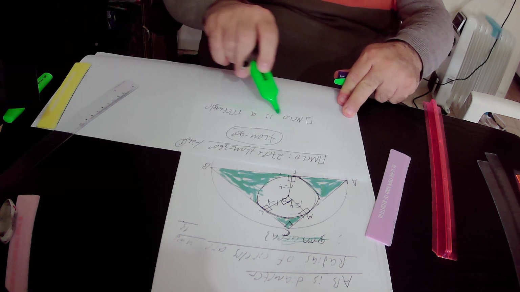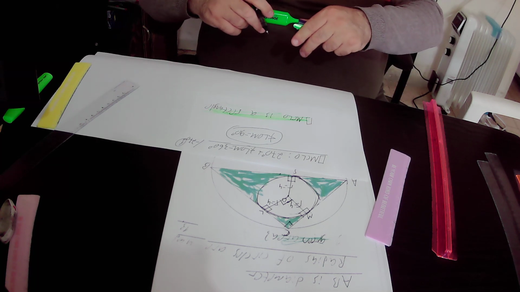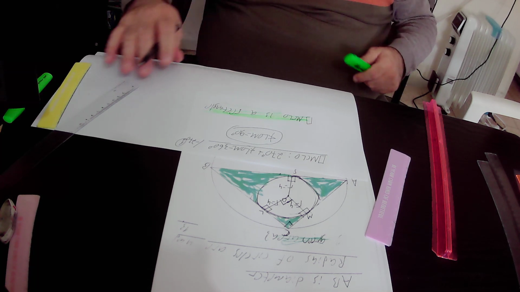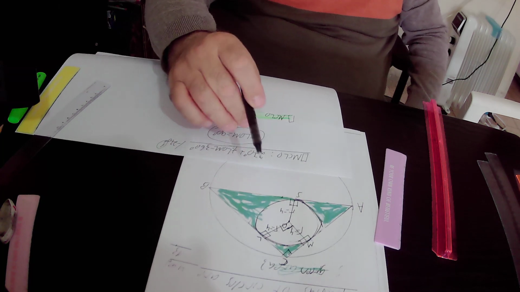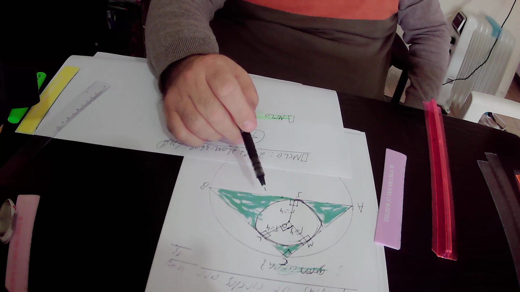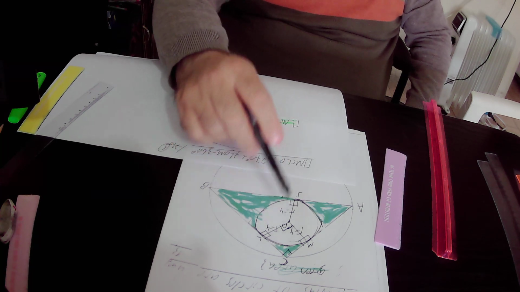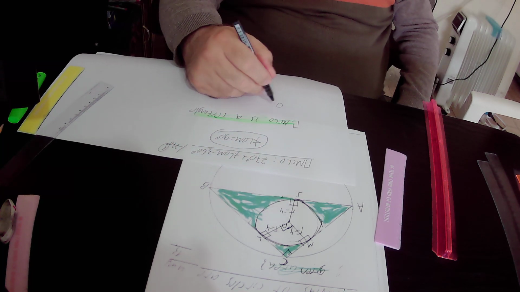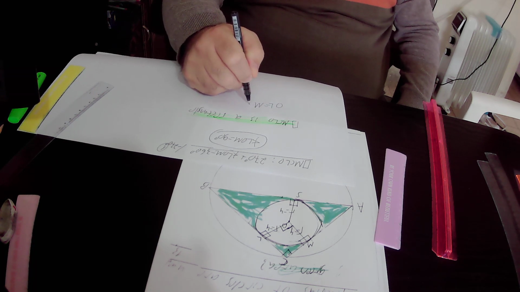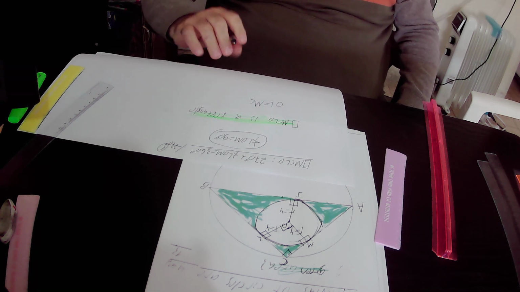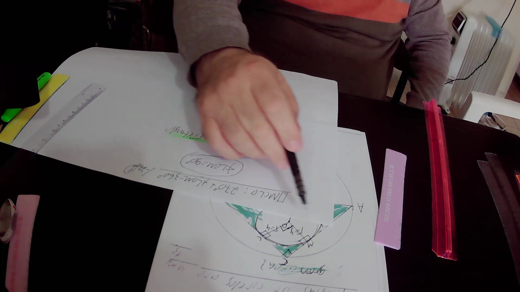So quadrilateral MCLO is a rectangle. But we also know that the opposite sides of a rectangle are equal to each other. That is to say, in rectangle MCLO, we get that OL equals MC, according to the rule that the opposite sides of a rectangle are equal to each other.